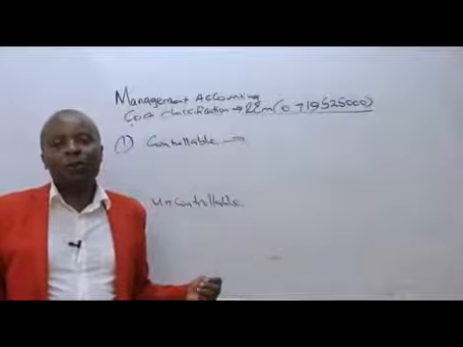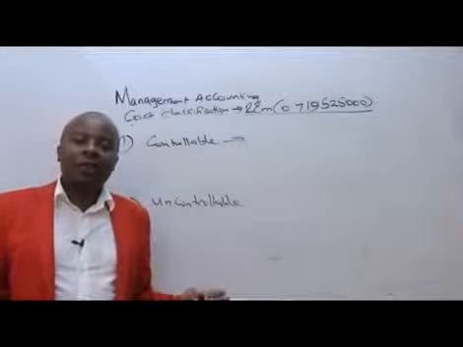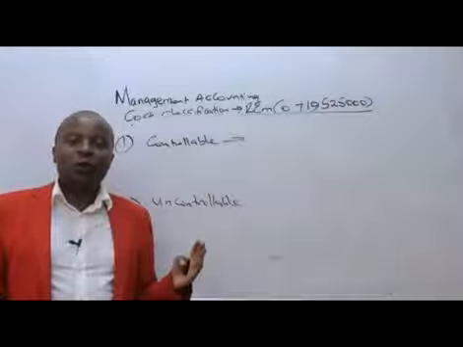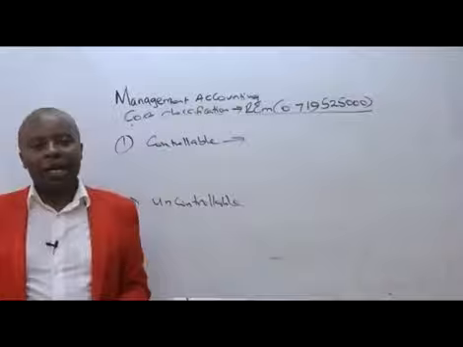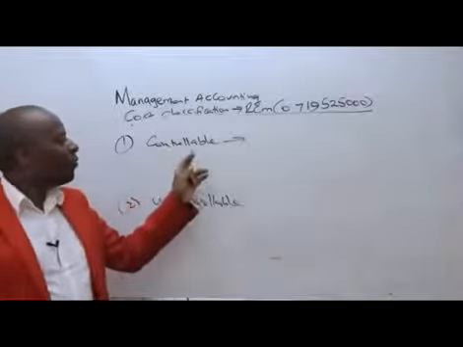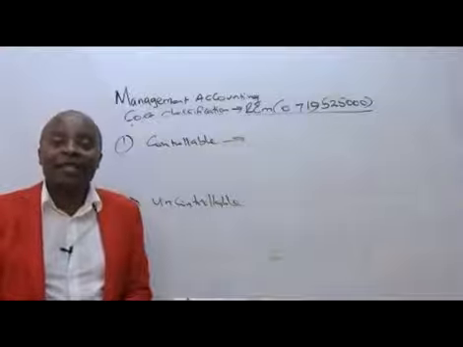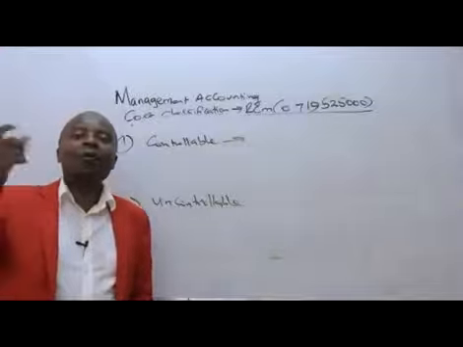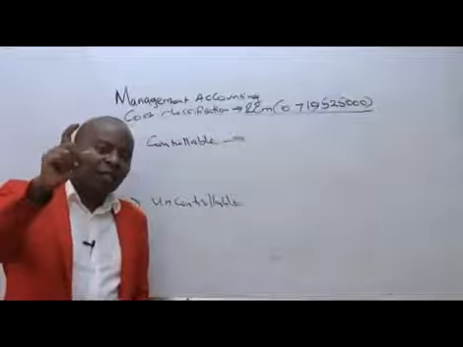Controllable costs are costs which are at the arm's length of the management. So it is the management that is going to decide whether they will be incurred or not incurred. All variable costs are controllable because we can influence the variable cost using the activity, the output.